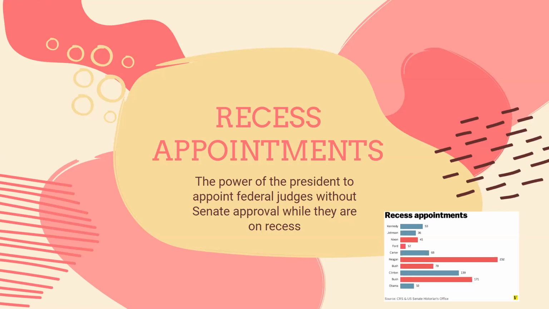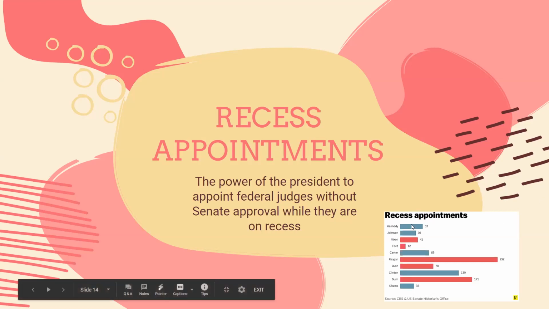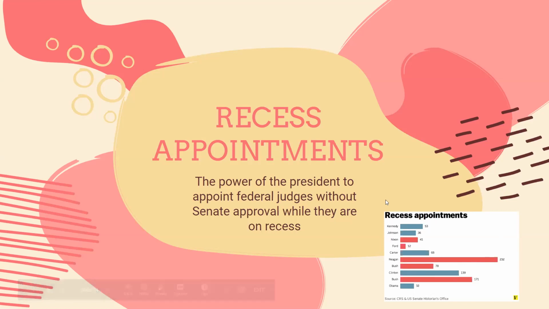So they can like get some controversial people in there without having them be denied or anything. And here we have a little table on how many recess appointments each president made. So you can see Reagan made the most at 232 recess appointments.